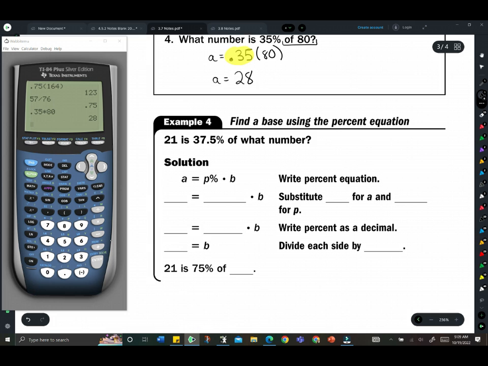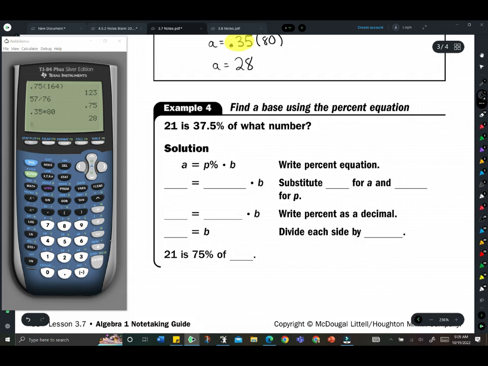Last little examples here. This time we can find a base using the percent equation. Notice we have "of what number," which means we are finding the base. "Of" means the base. So 21 is our part and 37.5% is our percentage. We substitute 21 for A and 37.5% for B. Need to be careful: write that as a decimal, 0.375.